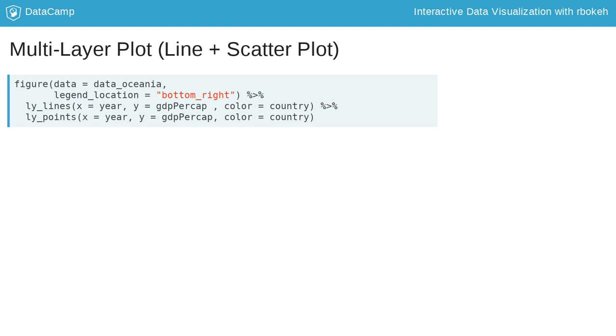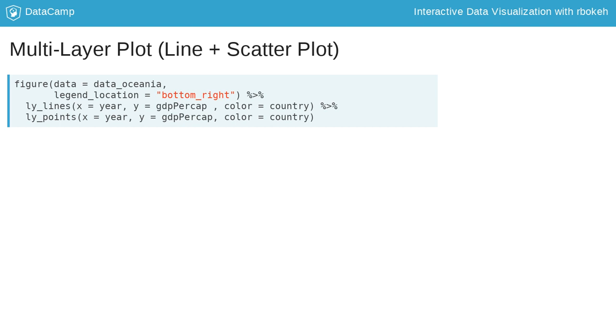You will need to specify the x argument as the year and the y as the GDP per capita, and you can use the color to distinguish between the countries. In the next chapter, you will learn more about the use of colors in different layers.